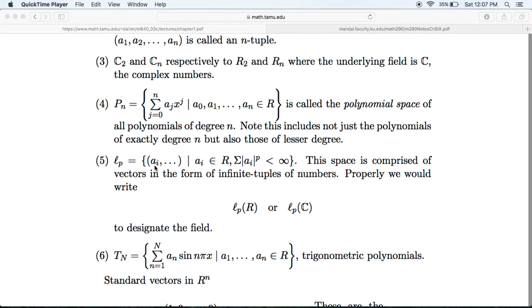Another example which is important in analysis is the L^p space, the space of infinite tuples of numbers, such that the absolute value raised to the power p and their sum is less than infinity.